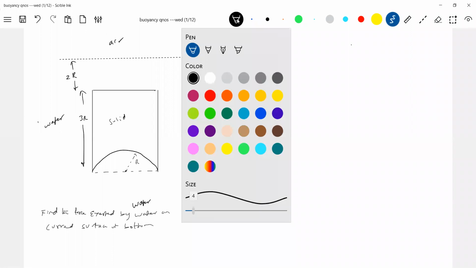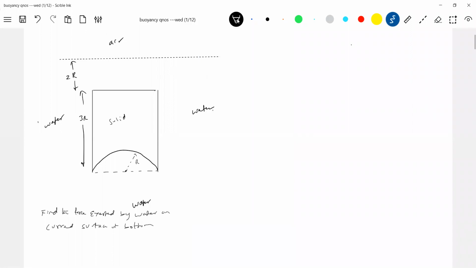It's a very simple question I'm asking. You can neglect atmospheric pressure, it doesn't matter. Find the force exerted by water on the curved surface at the bottom of the cylinder.